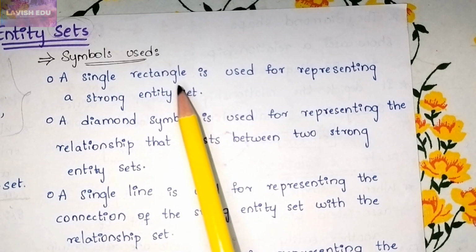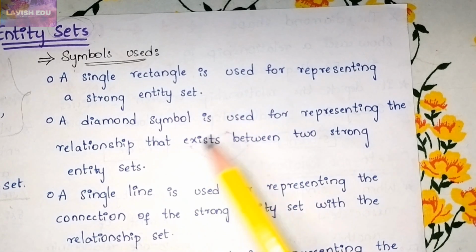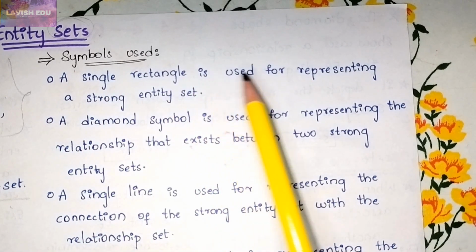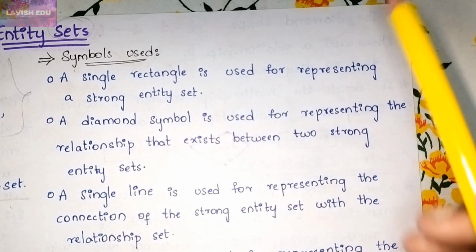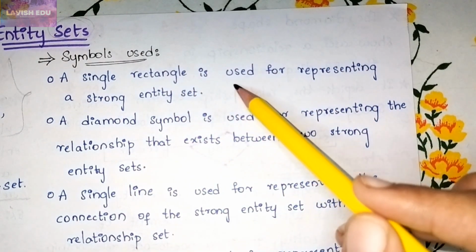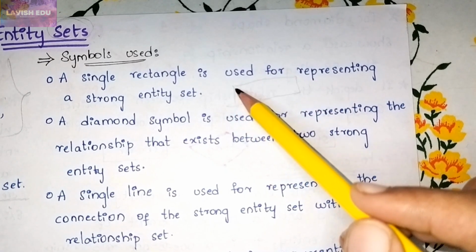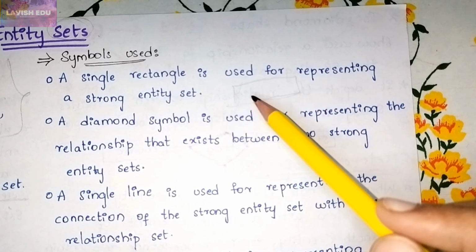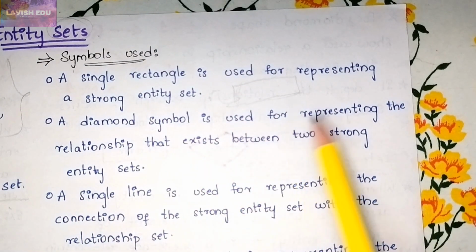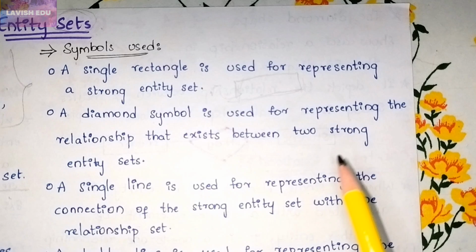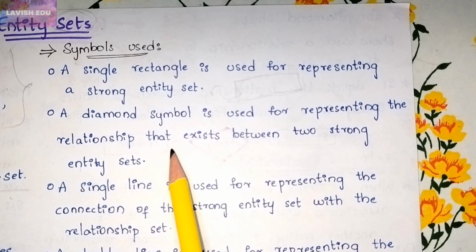In the strong entity set, we use some symbols. What are these symbols and what do they represent? A single rectangle is used for representing a strong entity set. As we have already seen, a rectangle is used to represent an entity, which can also be termed a strong entity set. A diamond symbol is used for representing the relationship that exists between two strong entities.